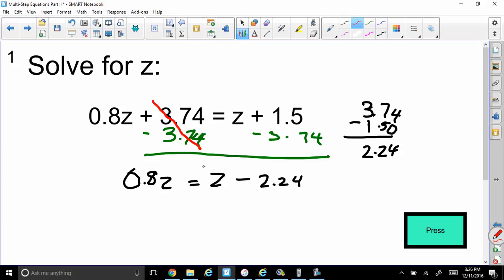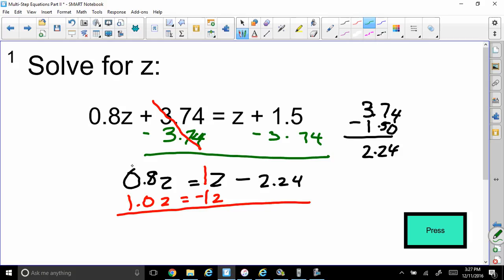Now I've got to get the z to the other side. I'll put an imaginary 1 here so it looks nice to subtract. The opposite of 1 is minus 1. On this side, I'll line this up; that'll be 1.0z, which would be the official way to write that. Now let's subtract.